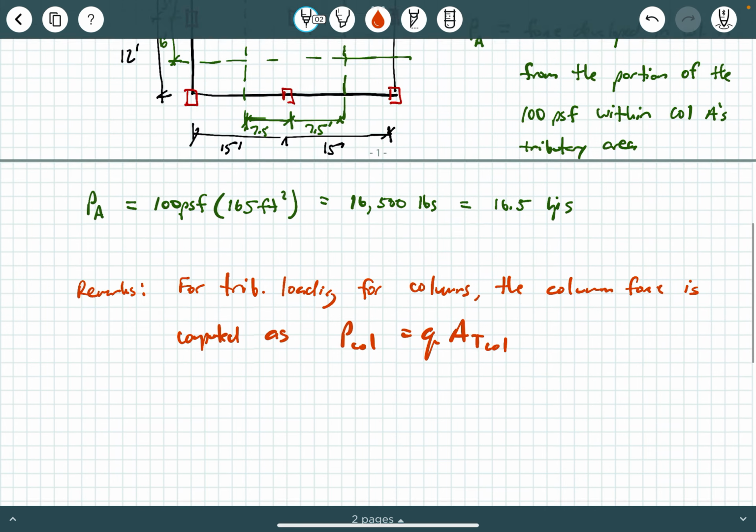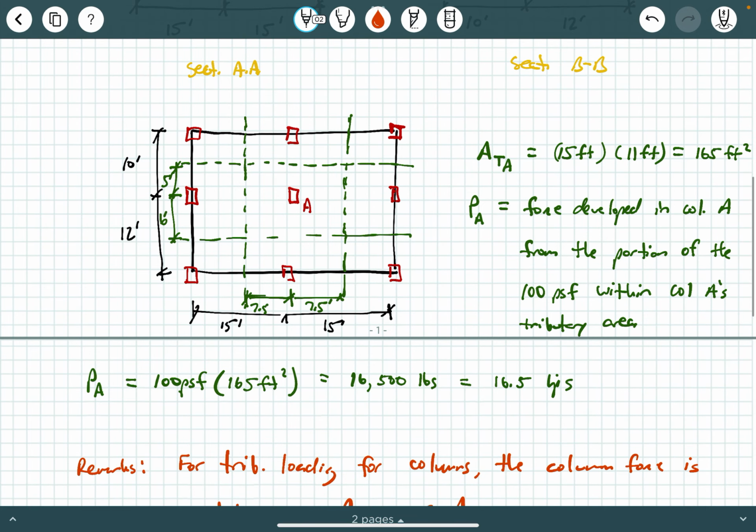All right. And again, we treat this as a one-way system, and we draw these little dash boundary lines halfway in between adjacent columns in each direction.